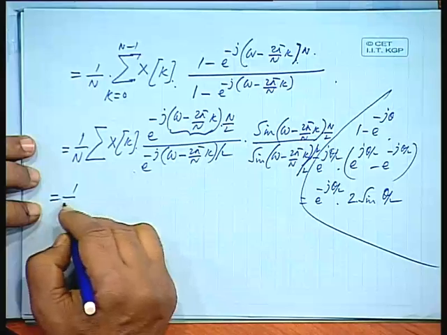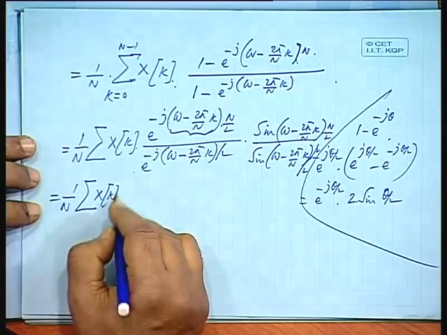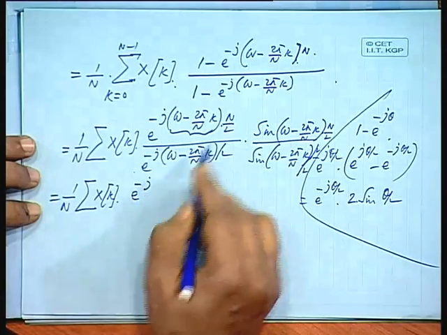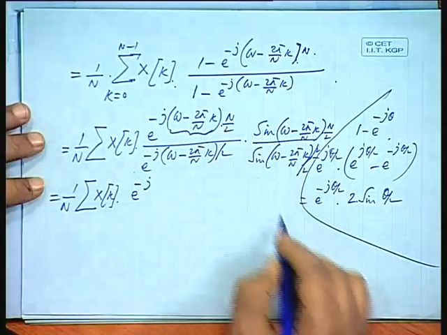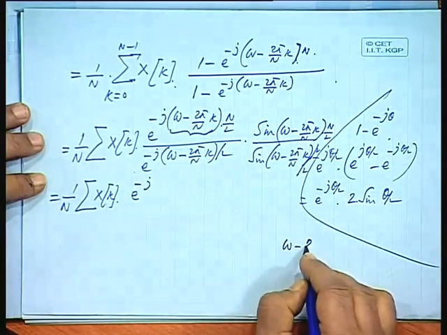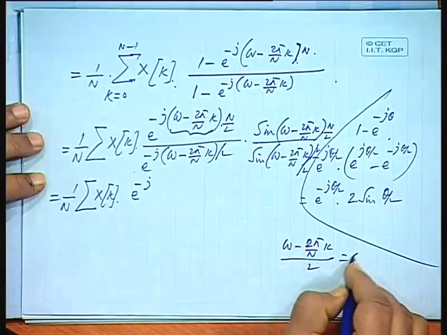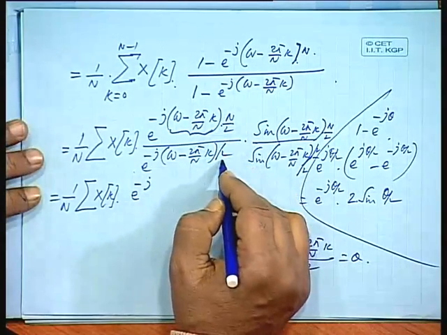So, that gives me 1 by n in a compact form. If I write x_k e to the power minus j, this by 2 if I take as theta, omega minus 2 pi by n k by 2 as theta, then it is n theta and this is theta.